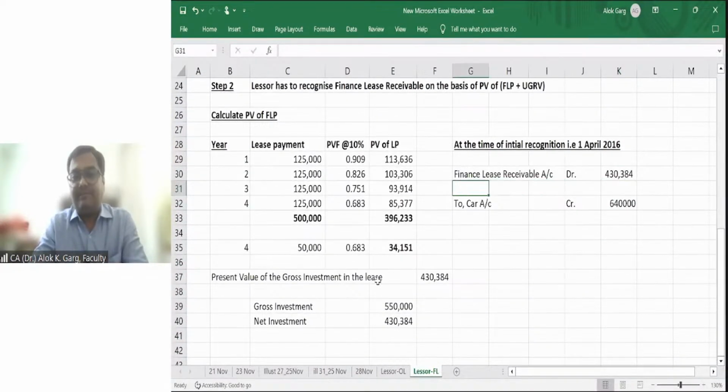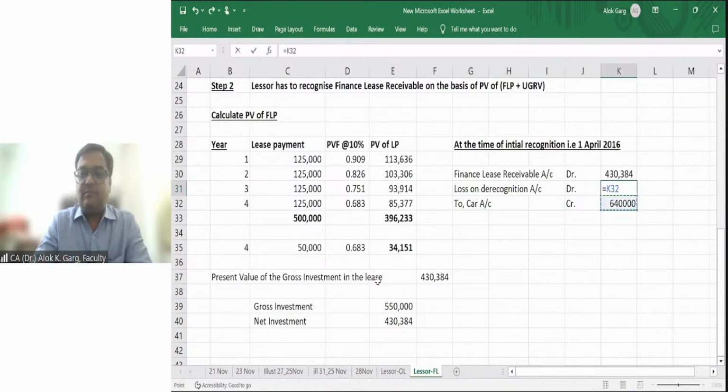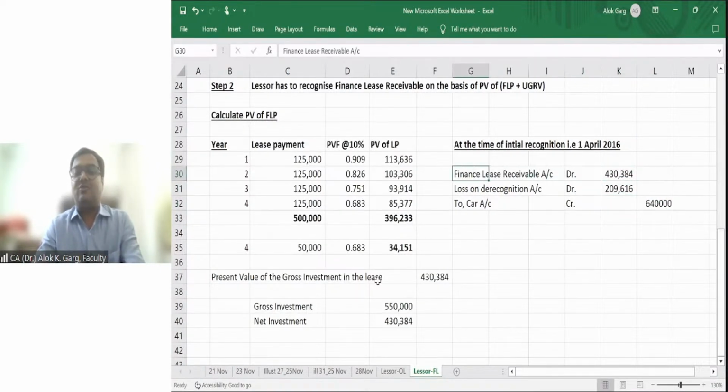Now there is a delta. You are receiving less, the value of the car is more. In that case, there is a loss on derecognition. This is how the accounting has to happen on day one, on 1st April 2016.